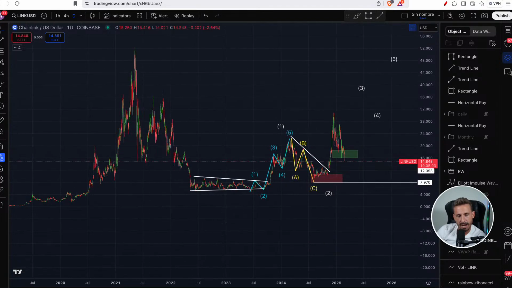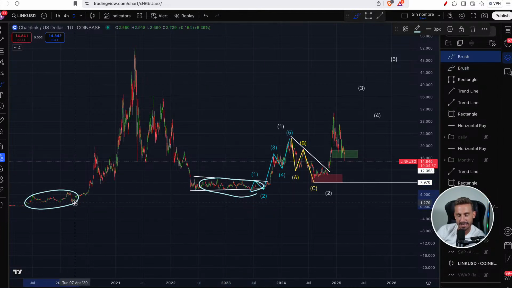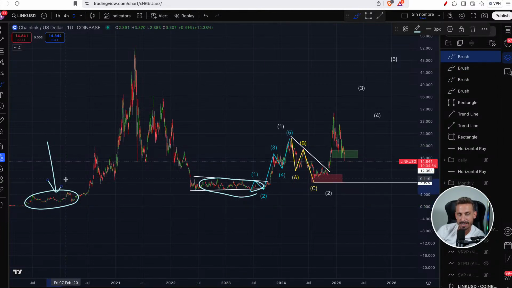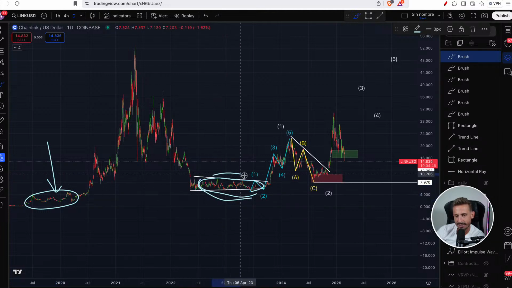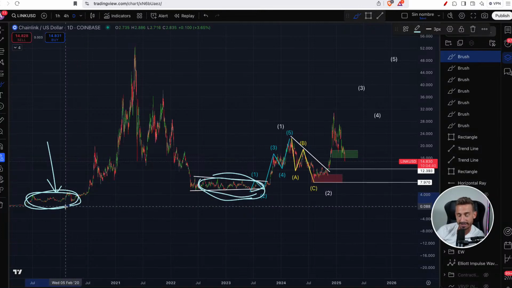Just because I had much more money the last few years than the money I had in 2018 and 2019, I started buying Chainlink in 2019, average price of $1.60. So I bought more Chainlink in this range at $5, $6 than I bought here at the $2, $3 range, right?